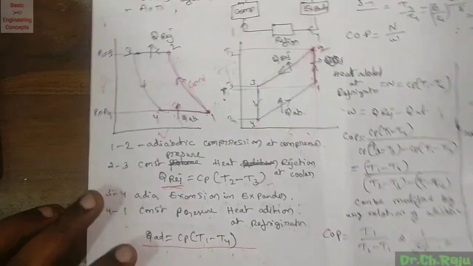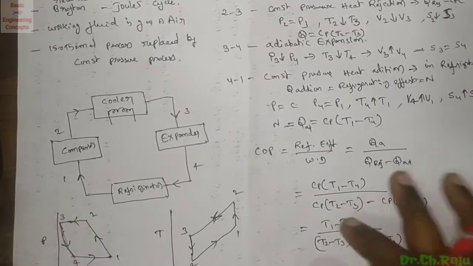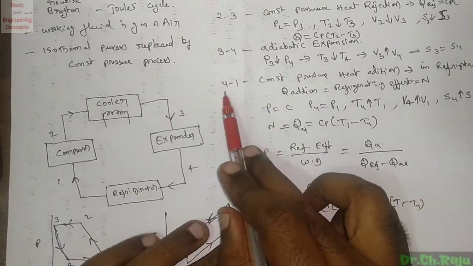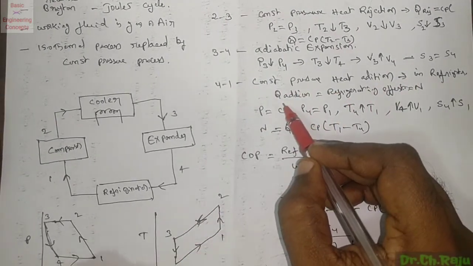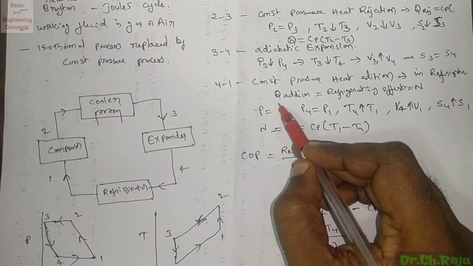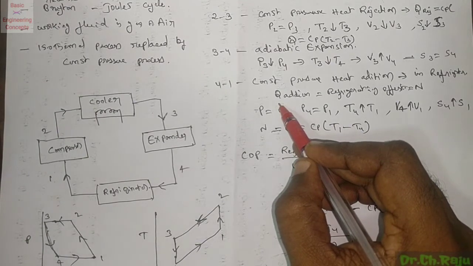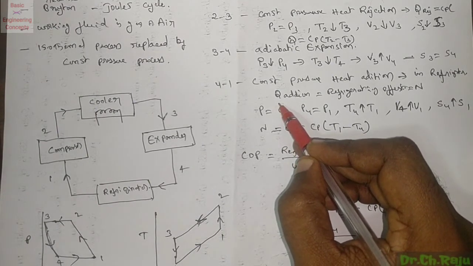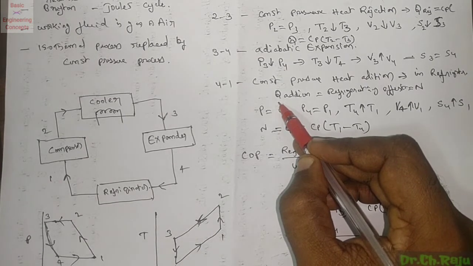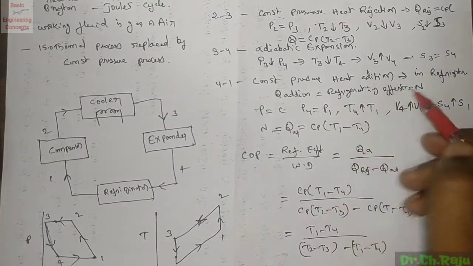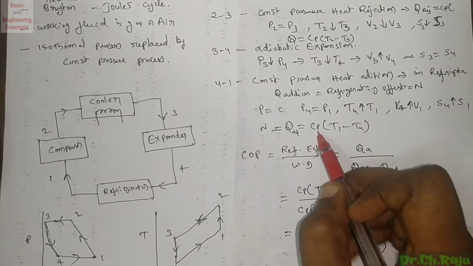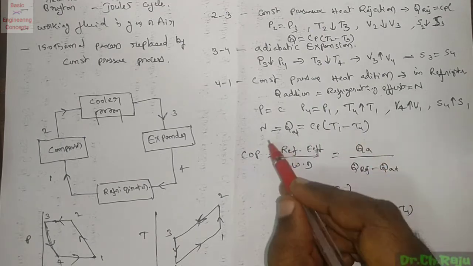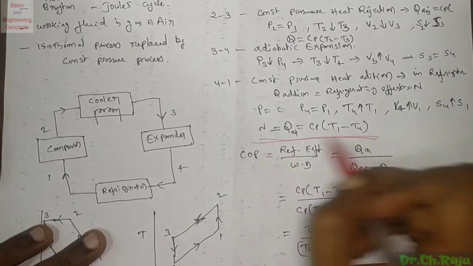Here 4 to 1 is the constant pressure heat addition, meaning the heat is added from the products to be cooled. As the heat is added, the products are going to be cooled. That is the refrigeration effect, called N. Then N is equal to heat added, which is equal to Cp into T1 minus T4. This is the actual refrigeration effect.